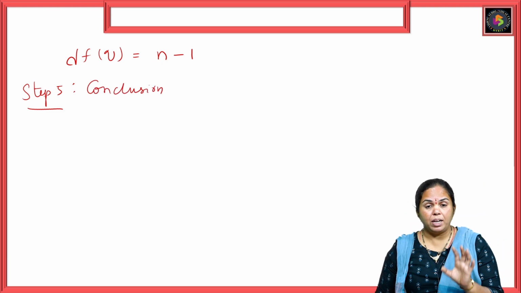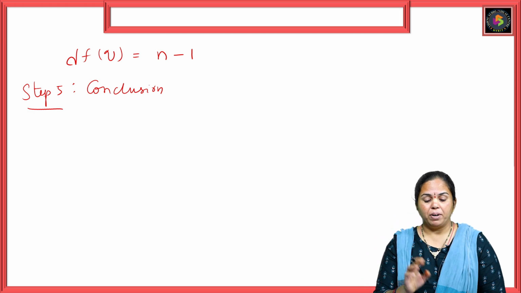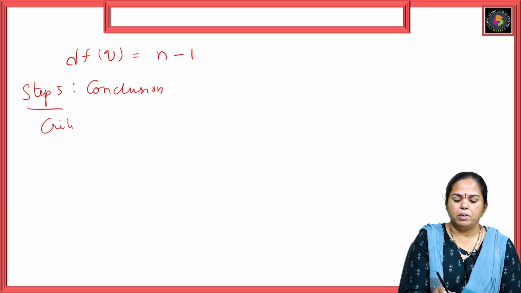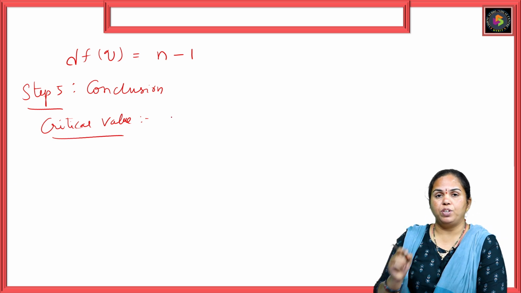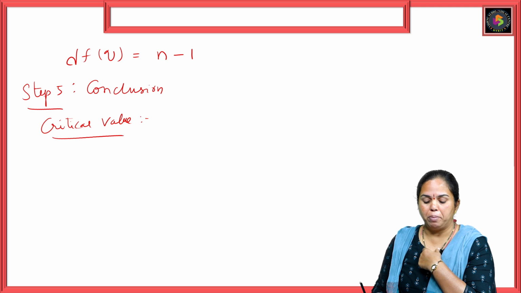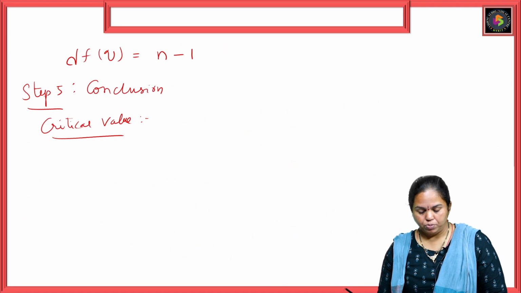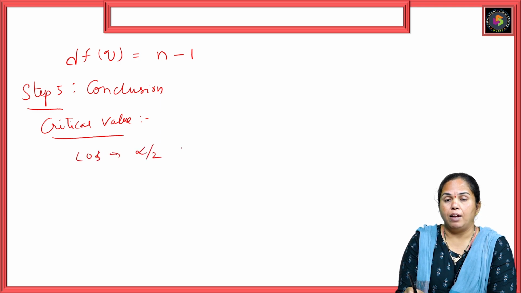For the large samples, we have to remember those values. But coming to the small samples, these values are provided in the table, the critical value. We tabulate the value such that we have degree of freedom nu equal to n minus 1, and if it is a two-tail test, then your level of significance alpha will be considered as alpha by 2.